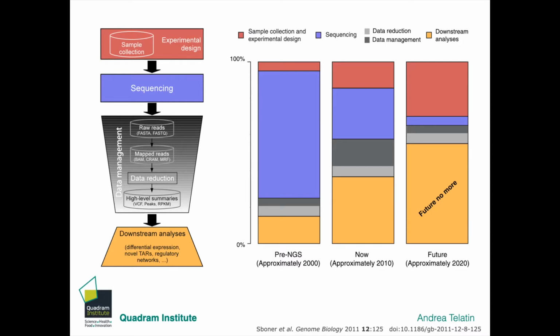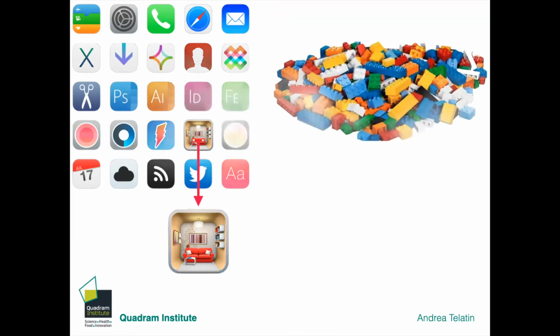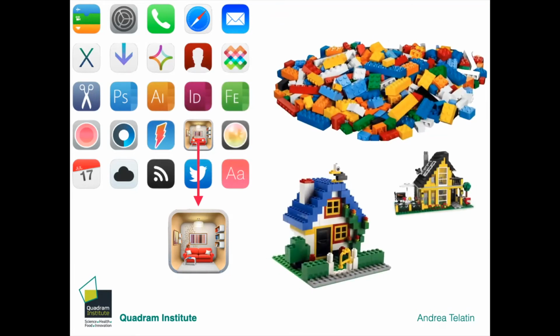And then why we don't use point and click applications. First, because there aren't many. And second, because when you think about apps, they are done to do one thing, and that's it. You can't really combine the phone app with the mail app. What we really need is to have a workbench where we can combine things. And so rather than picking a prepackaged application that will be very limited, we prefer to have a set of bricks that we can combine.